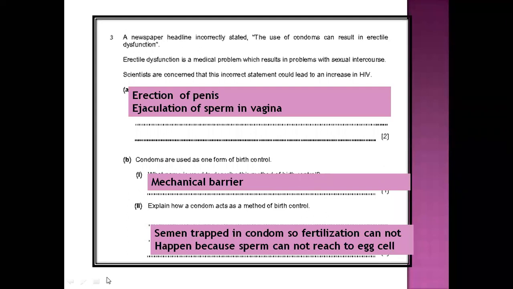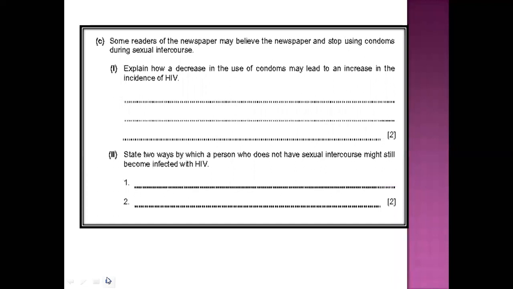Let's move toward another question. Some readers of the newspaper may believe the newspaper and stop using condoms during sexual intercourse. The newspaper mentioned that mistakenly, but some readers having trust in that newspaper stop using condoms.